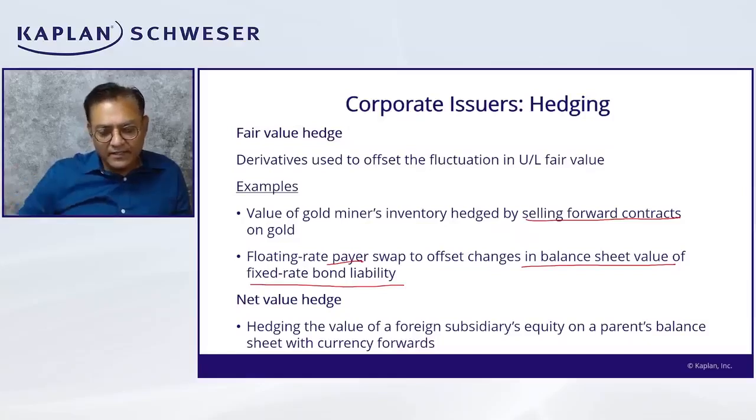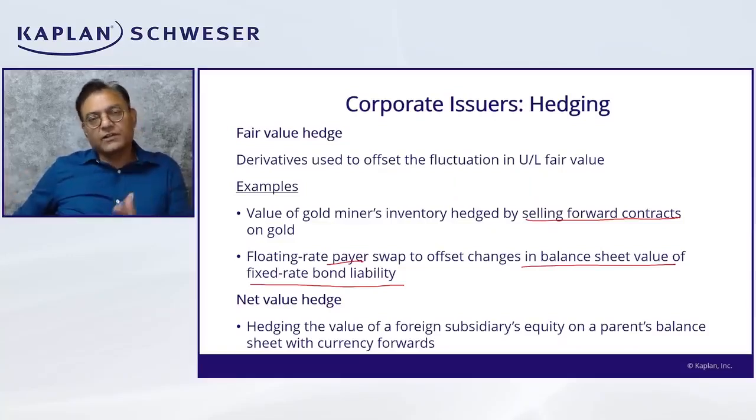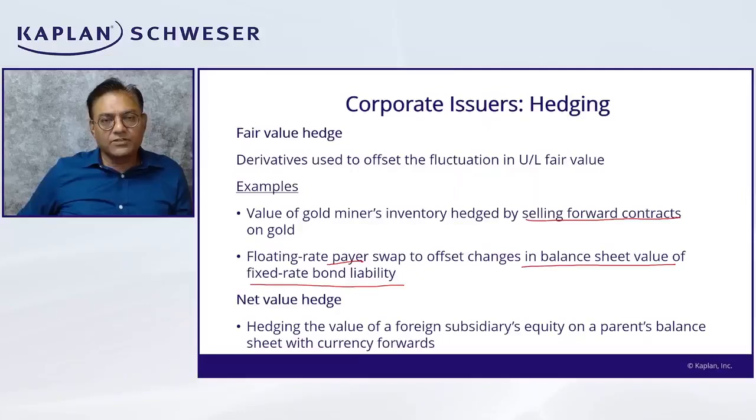Remember, when you enter in as a receiver, you are extending the duration of your portfolio, but here your duration is negative because it's a liability. So you are taking a positive duration exposure by entering into a receiver swap and offsetting that negative duration position.